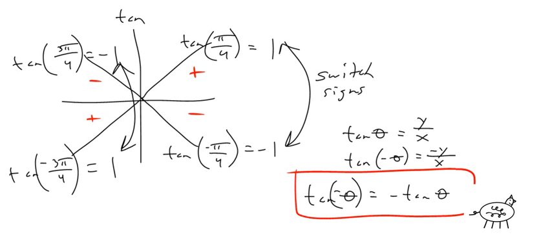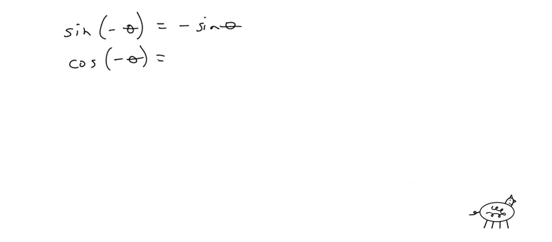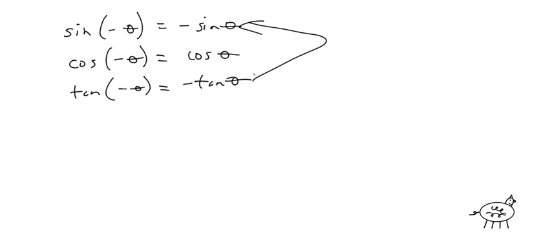Okay, so let's summarize what we have here. We have sine of negative theta equals negative sine of theta. We have cosine of negative theta equals positive cosine of theta. We have tangent of negative theta equals negative tangent of theta. Okay, so these two go negative.